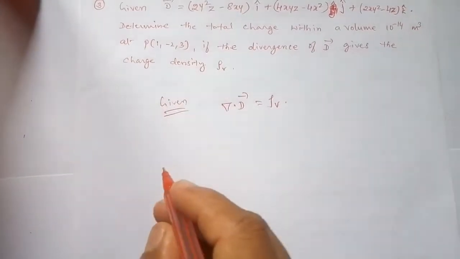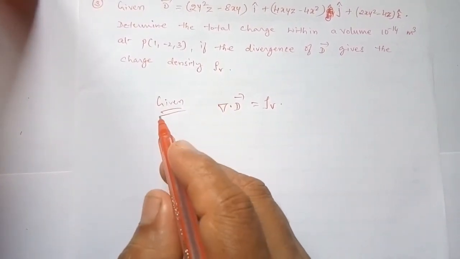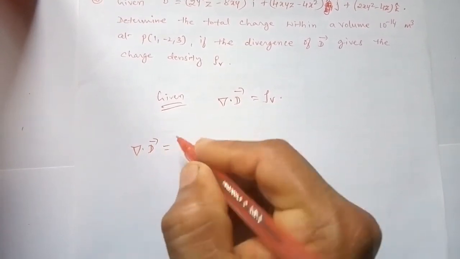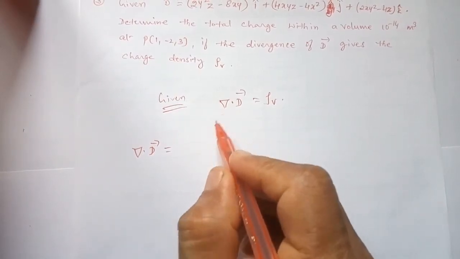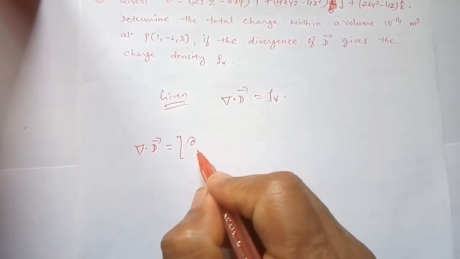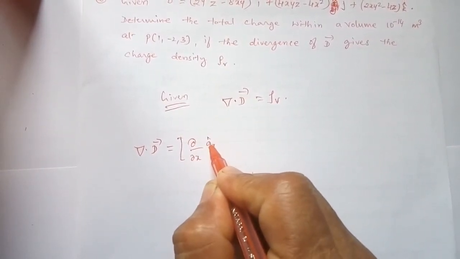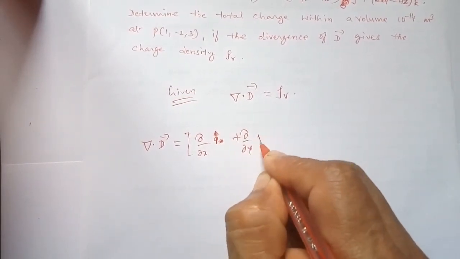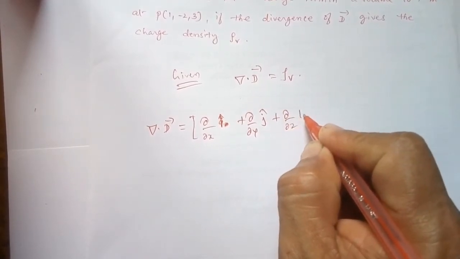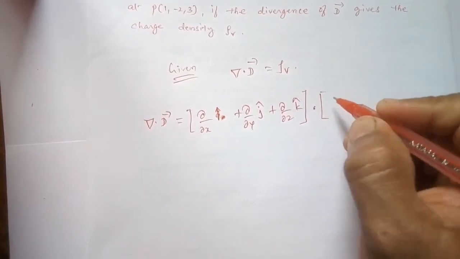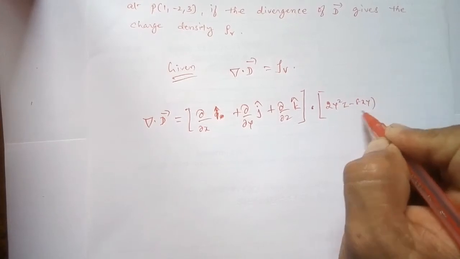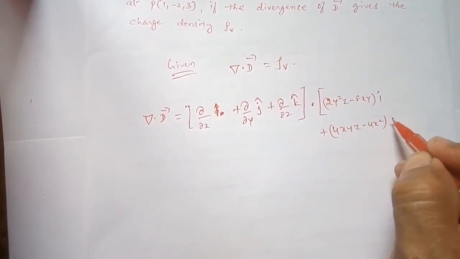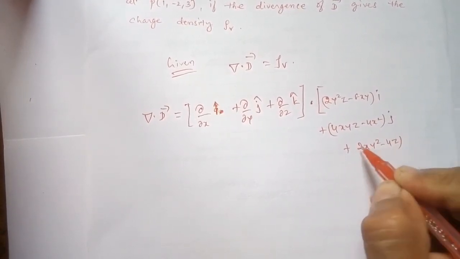Okay, so del dot D is equal to, vector D, first del, let us write down, ∂/∂x of i cap plus ∂/∂y of j cap plus ∂/∂z of k cap into vector D. Vector D is (2y square z minus 8xy) i cap plus (4xyz minus 4x square) j cap plus (2xy square minus 4z) k cap.